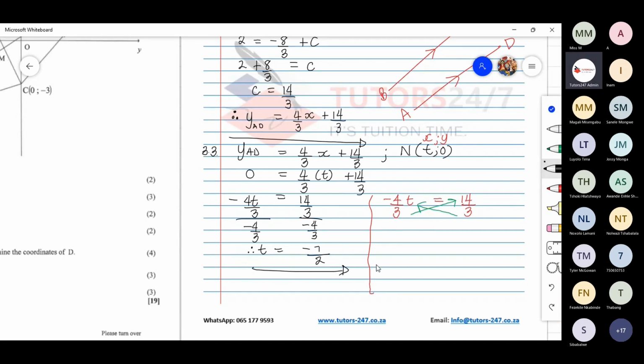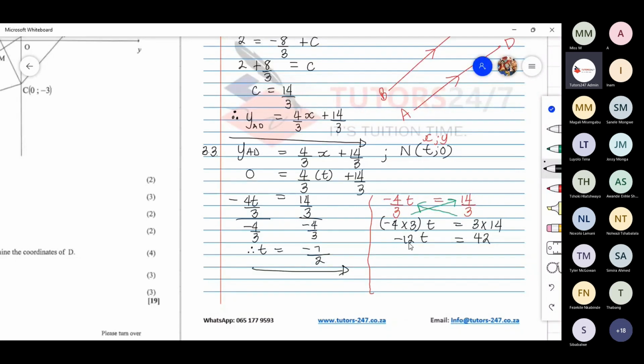So 3 times the left side would have been minus 4 times 3t equals then the 3 on the left times the 14 on the right. And that would have given you negative 12t equals 42.